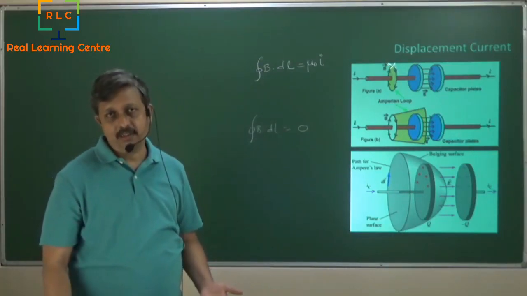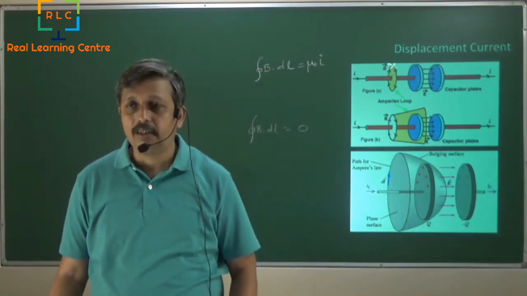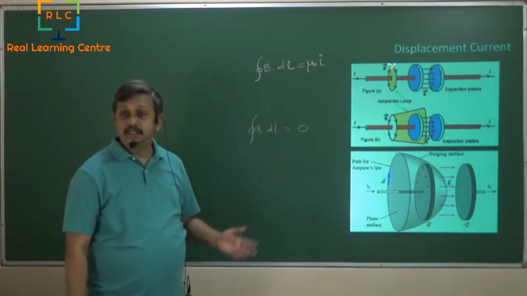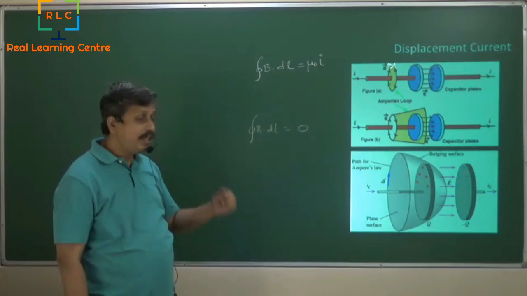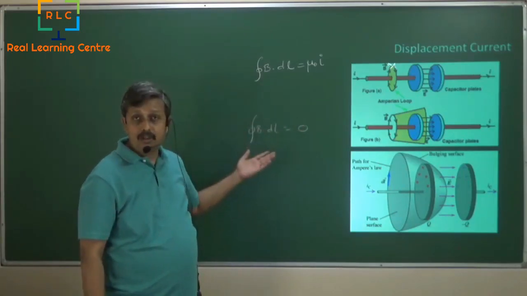We are principally following Ampere's law, but we are not getting two equations which are similar. In one scenario it gives mu naught I, in the other scenario it shows that B is 0.